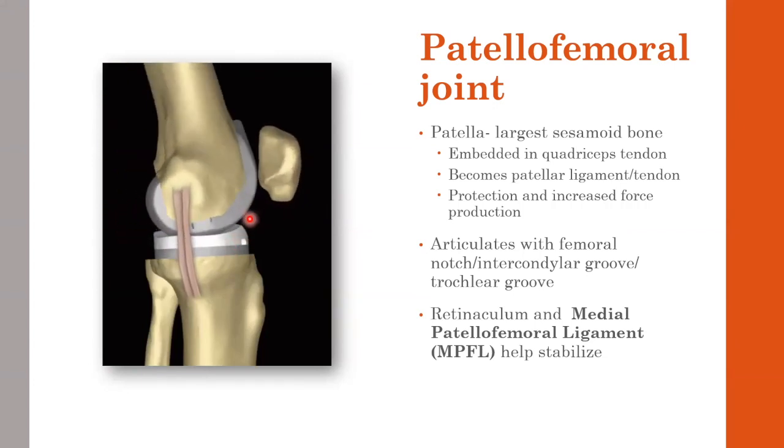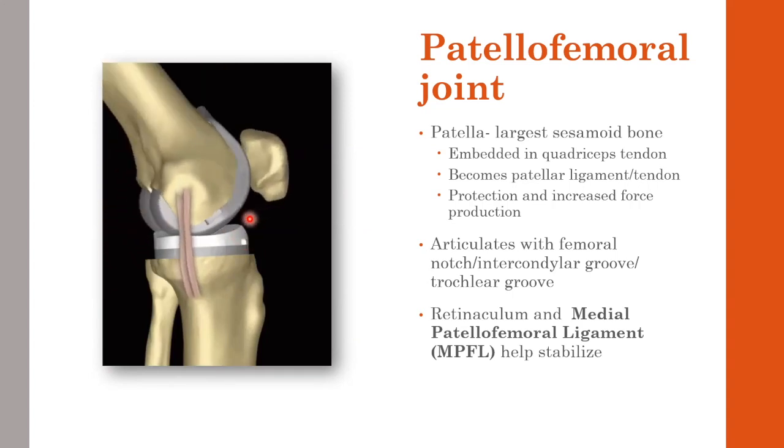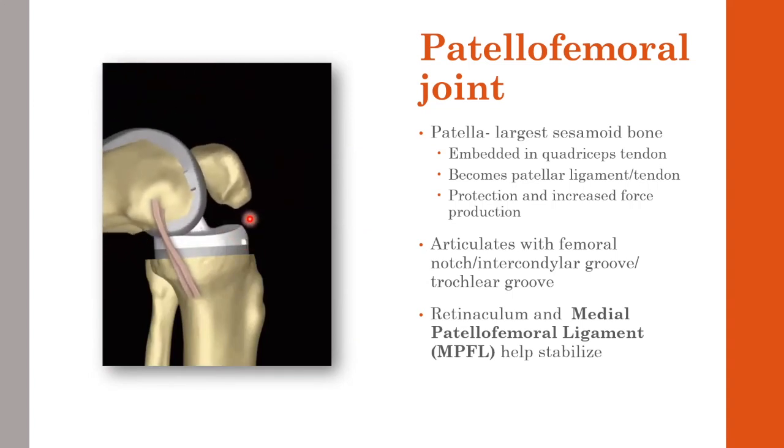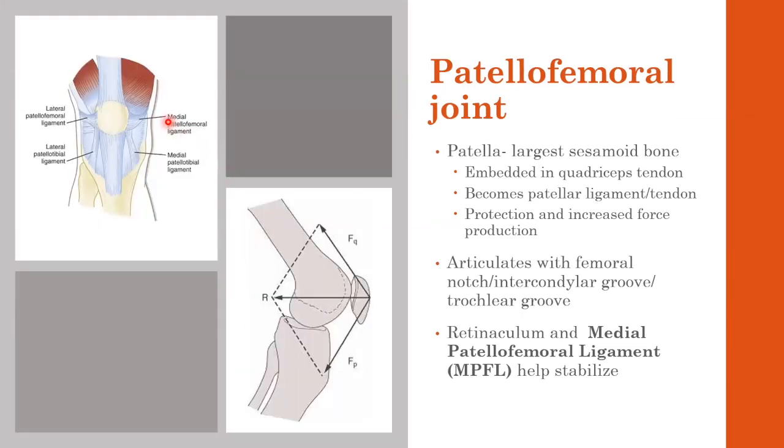Again, this is the largest sesamoid bone as it lies on the anterior aspect of our distal femur, emphasizing the main function of the patella bone besides providing protection to the knee joint on the anterior side.